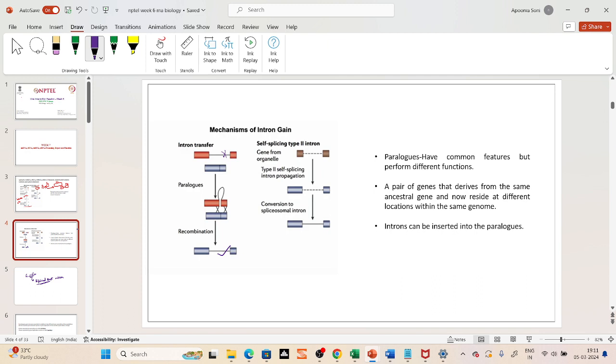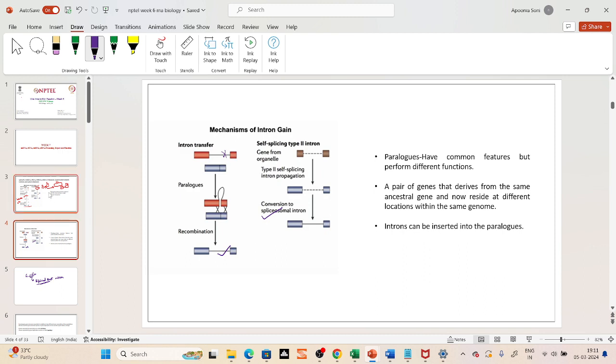They are fully sufficient. They do not need anything from outside. So what can happen is that self-splicing introns can be cut and ligated to some other gene, and then they are converted into spliceosomal introns. That means there is a conversion of a self-splicing intron to a spliceosomal intron.